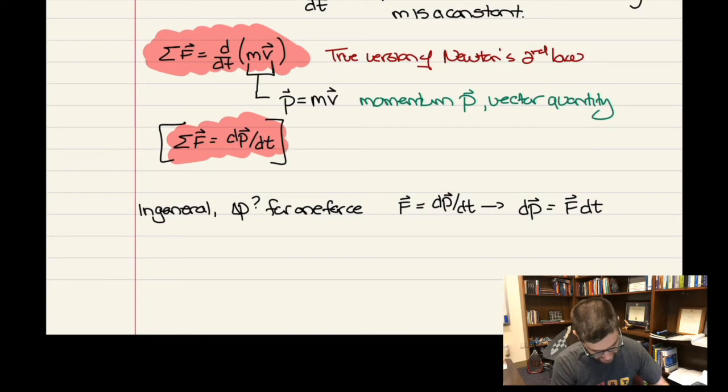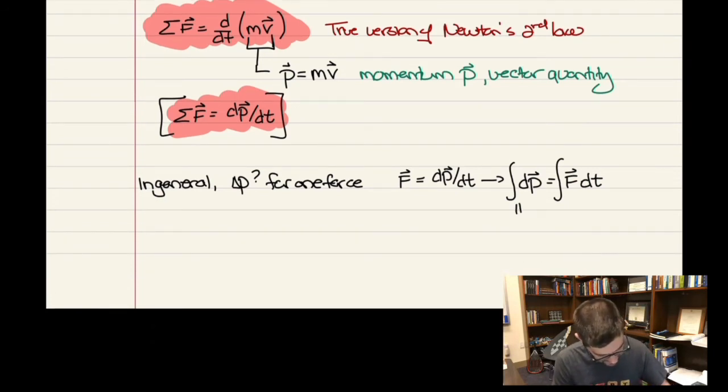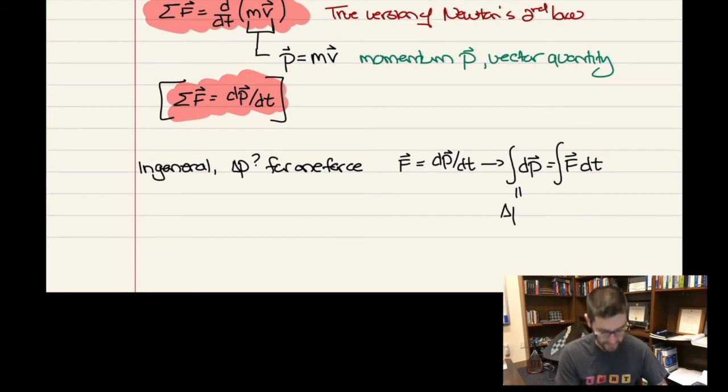Now I could say, let me take the integral of both sides of this expression. To get over long expanses of time, not just an instantaneous moment, let me count up all those tiny little changes. Remember, an integral is just a fancy word for add up all the small little pieces. So I'm adding up all the small, tiny little changes in momentum. This left-hand side is just delta p, the overall bulk change, final minus initial, of the momentum.